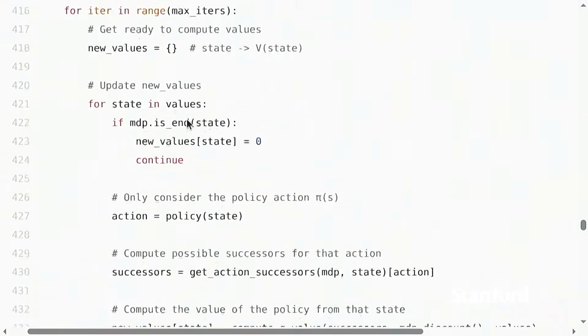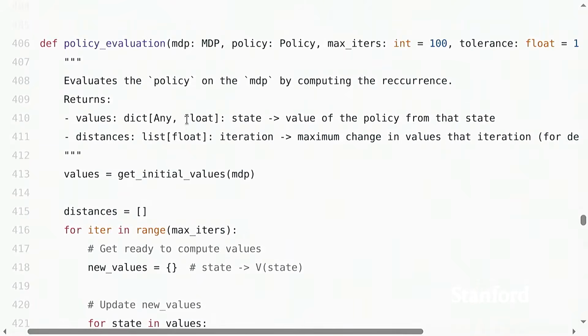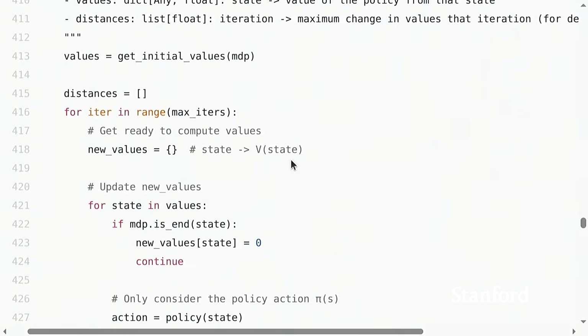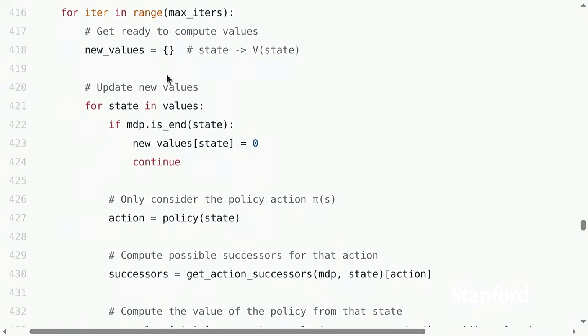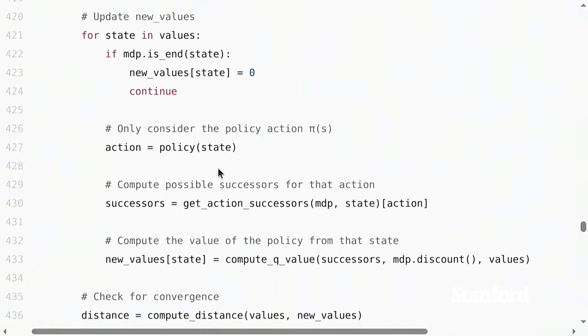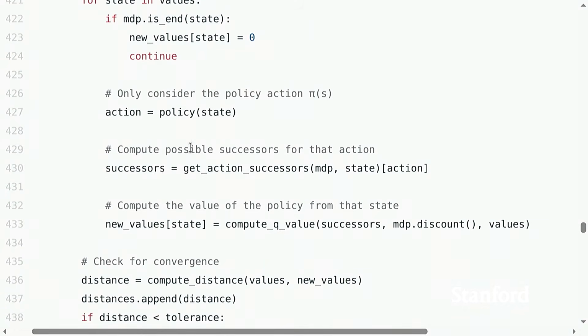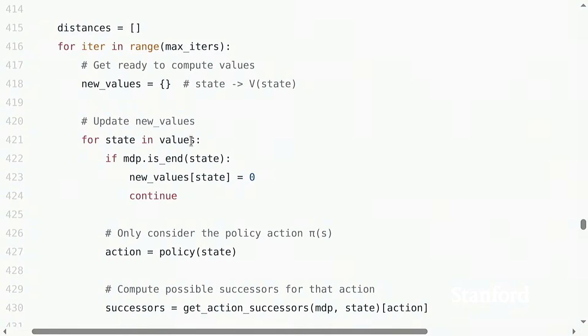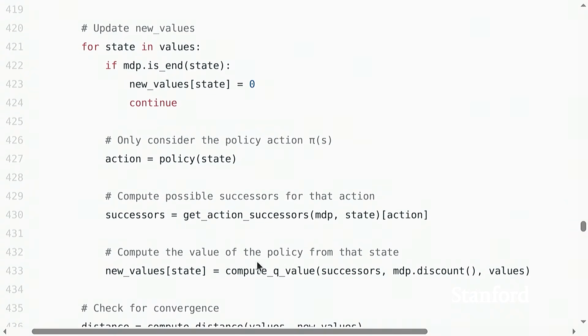Let me just review this one more time. So policy evaluation takes an MDP and a policy, and it starts with some initial values, and then for each iteration, I'm updating the values by considering, I iterate over all the states and consider the action taken, and then do this Q value computation.